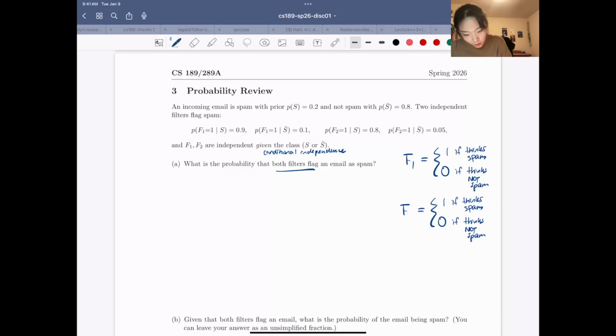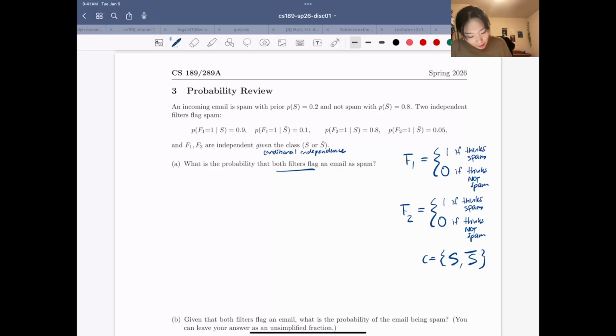And overall, we have two states. This is just an arbitrary variable, I'm probably not going to use it. You can look at the discussion solutions if you want to see how they use it, but you can think of it as two cases: either the actual mail is spam or the actual mail is not spam.